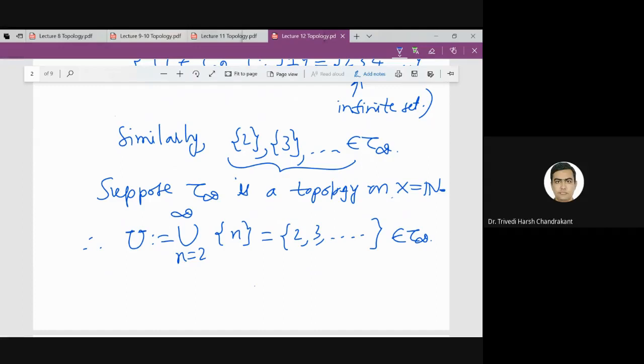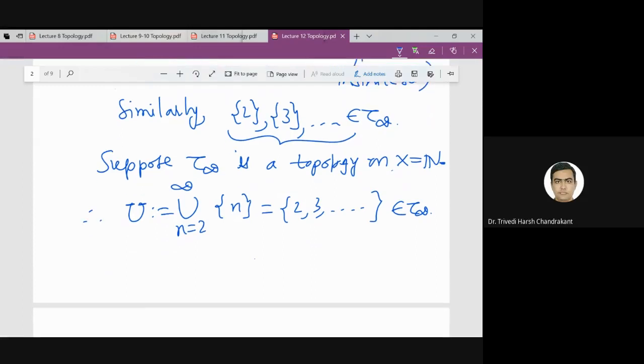2, 3, 4, no. It is not, right? Because its complement in the set of natural numbers is a finite set. So this is a contradiction. What is the contradiction? The contradiction is that the complement of this, we simply write U complement, is singleton 1, which is a finite set.